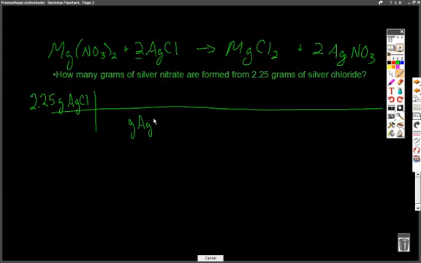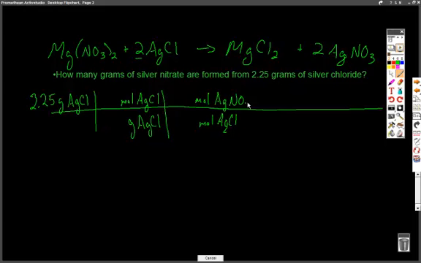And remember, whenever we're doing stoichiometry, or whenever you're looking at ratios of elements, it's always molar ratios. So that means that we want to go to moles of silver chloride. Then from moles of silver chloride, we want to get rid of that, and we want to get to moles of silver nitrate, moles of silver nitrate up top here.